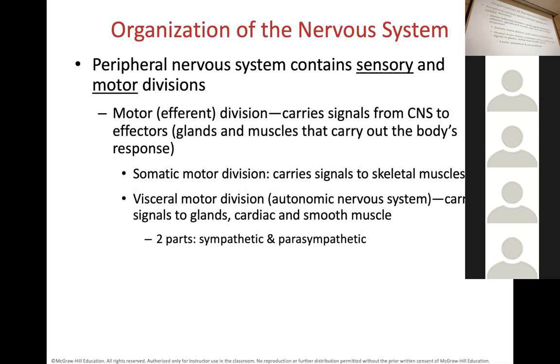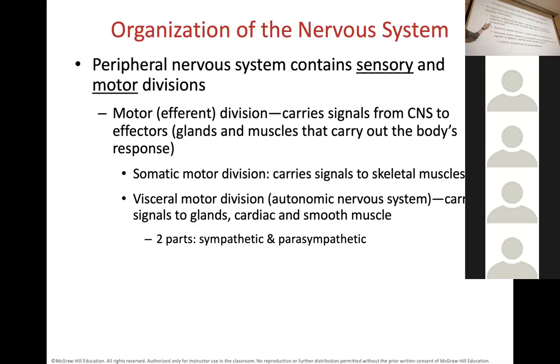The motor or efferent division is taking signals from the central nervous system and sending them back out to tell your muscles or glands to do something, to release a hormone, or to move your finger away from a hot stove, something like that. The motor division also has the somatic and visceral division.